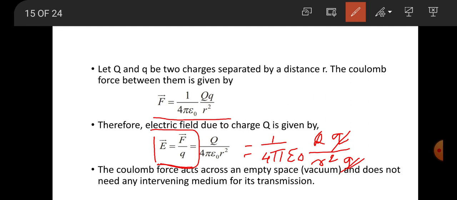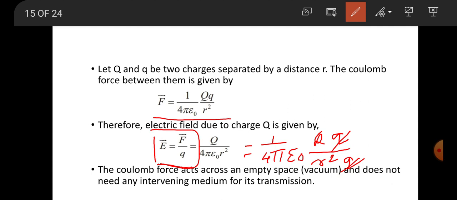Now, this is the expression we got for the electric field. So from this we can say that electric field depends on the source charge as well as the distance between the source charge and the test charge.